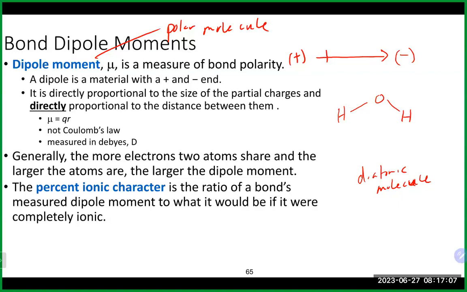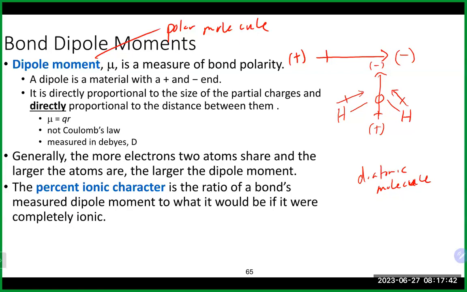Water has polar bonds, so it has bond dipoles between the oxygen and the hydrogen, as they have differences in their electronegativity values. And for water, you can draw an overall dipole arrow representing the dipole moment heading in this direction, which tells us that the oxygen is more negative overall in that molecule, and the hydrogen side is more positive.